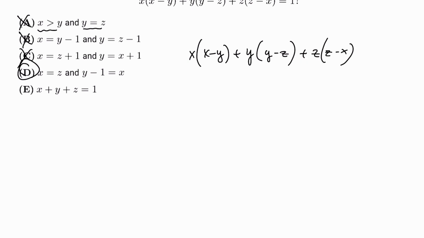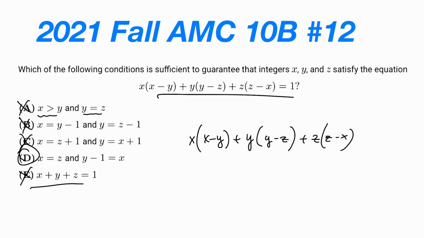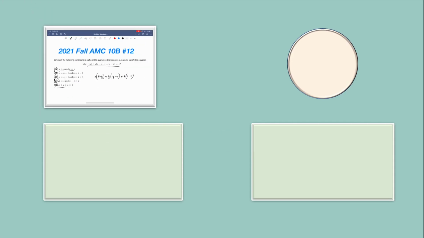The most you can say is that I have two equations but three variables, which means that this is definitely not solvable. So E is not our answer choice either. Therefore, our final answer choice will be D, but as I said, there's not really a good way to do it other than just plugging every single answer choice in.